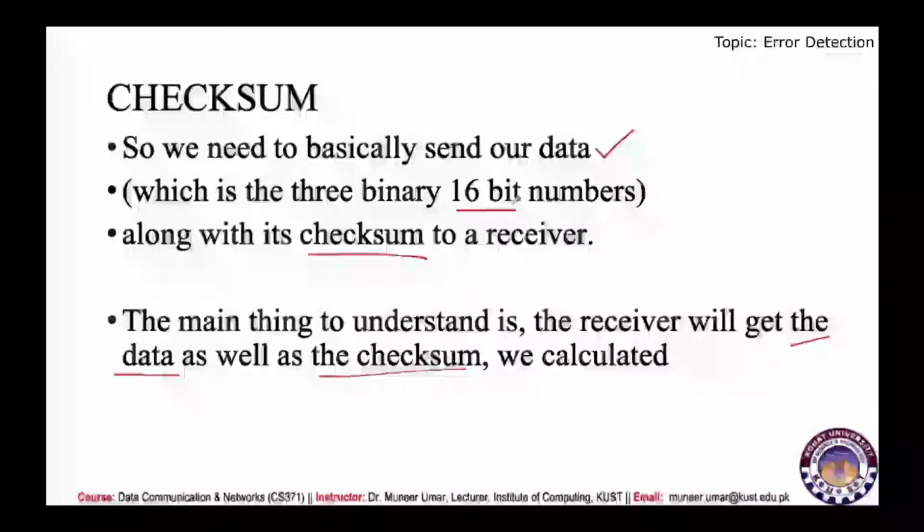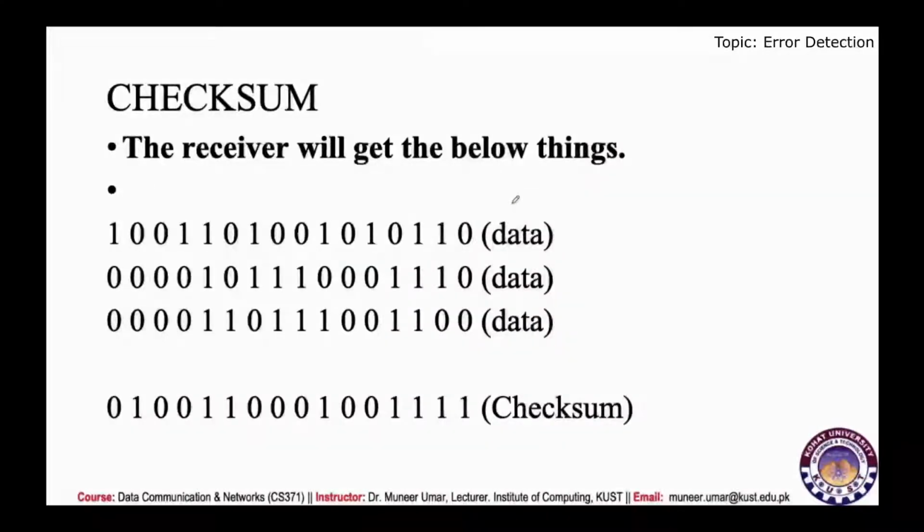So here we have three blocks, 48 bits, and the receiver will get these 48 bits plus the 16 bits checksum. So the receiver will get 64 bits. These three blocks of data plus this checksum will be received by the receiver.